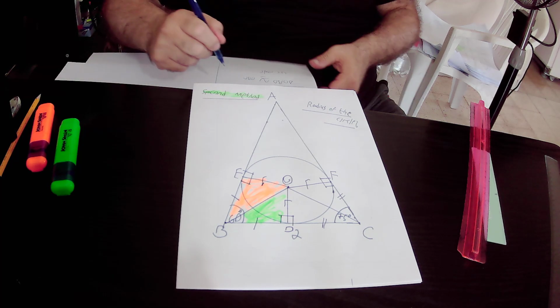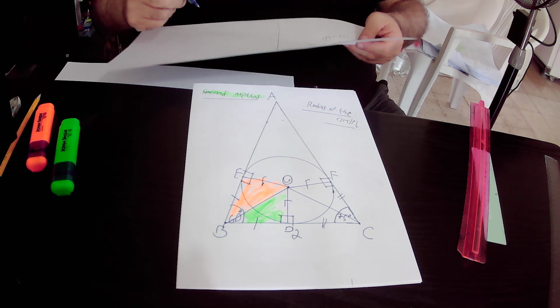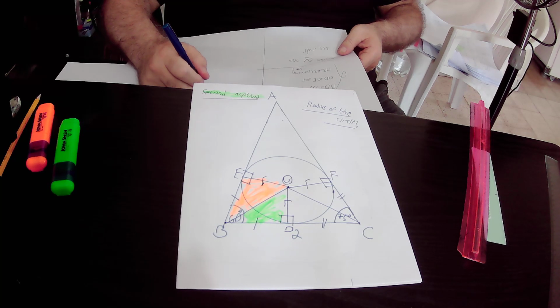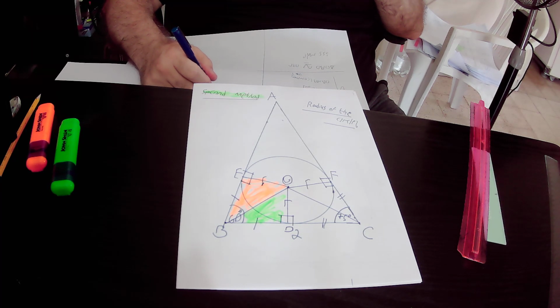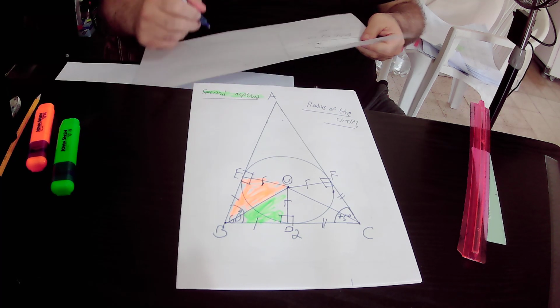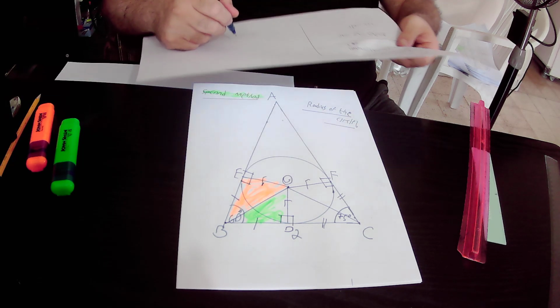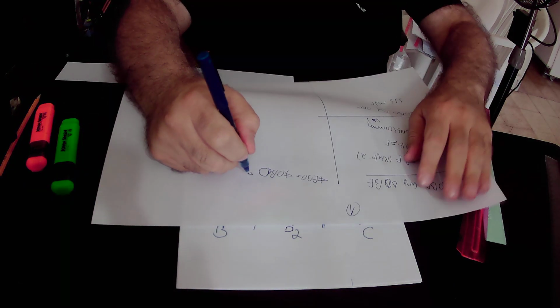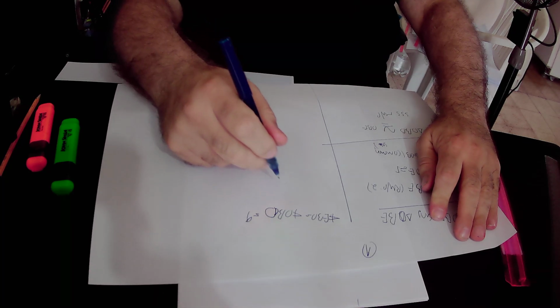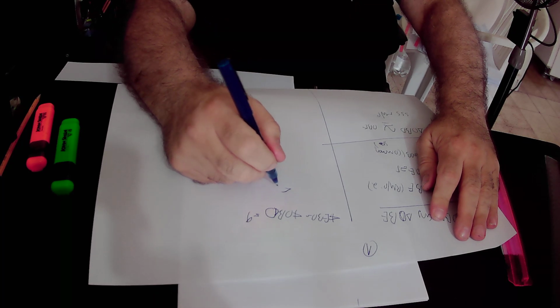So if we define angle OBE as alpha, then from this equation we get that angle EBO is also equal to alpha.